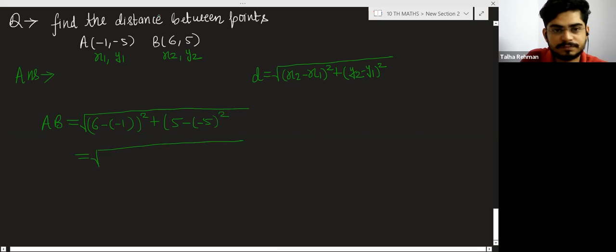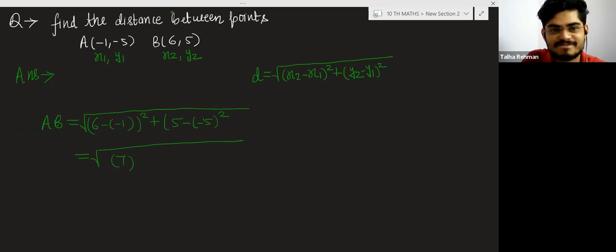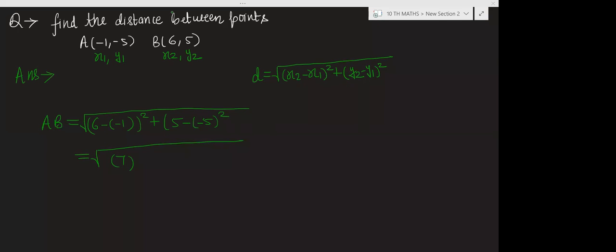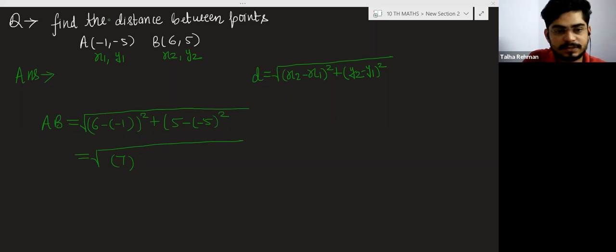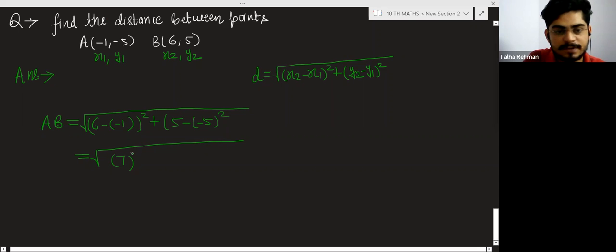This will become 6 plus 1, 7 square, plus 5 plus 5, 10 square.